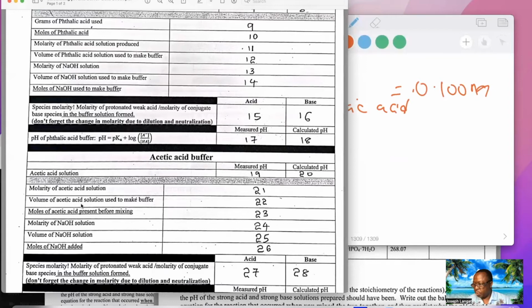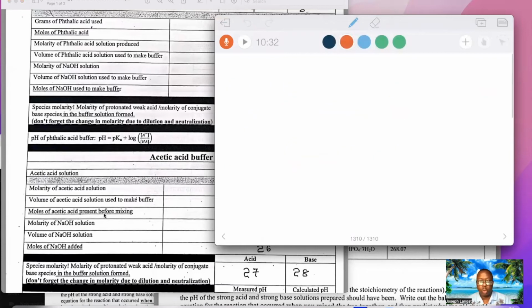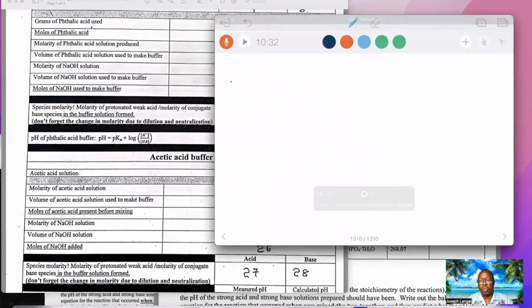You use 40.00 mL or 40.0 mL. That's what the direction states. And then the number of moles of acetic acid before mixing, number 23.